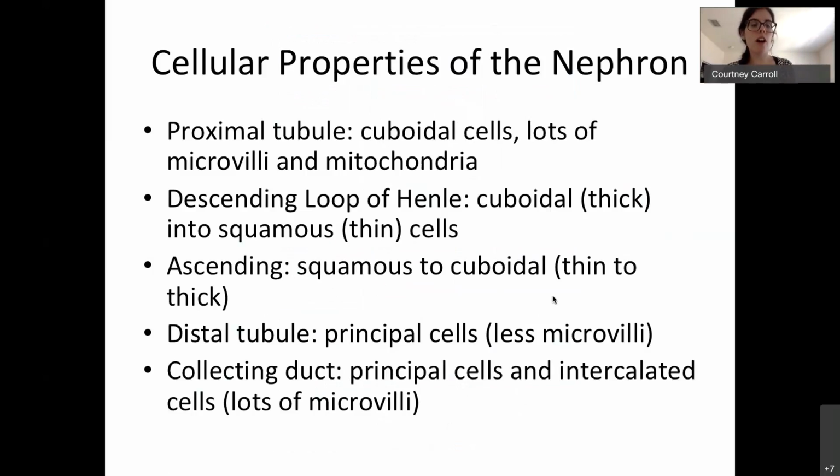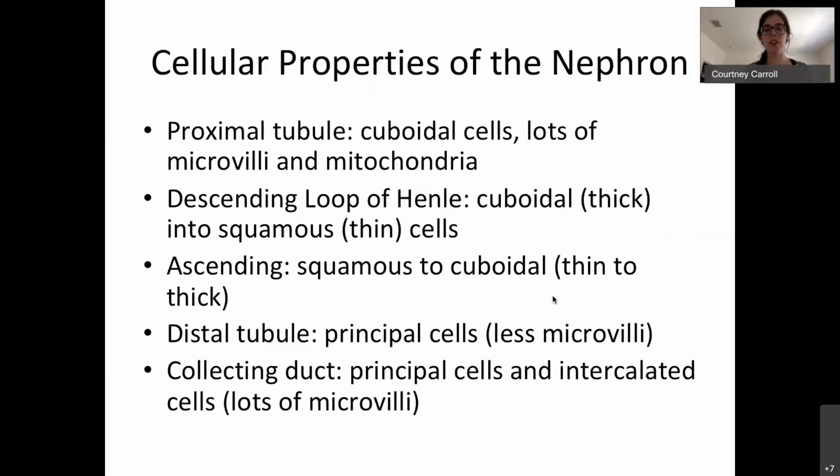So overall, our proximal tubule is going to have cuboidal cells. So the cells change. In the proximal tubule, we have cuboidal cells, and these are cells that have lots of microvilli, so lots of surface area created, and lots of mitochondria to drive all of these active processes.